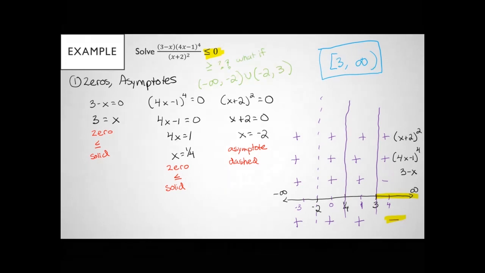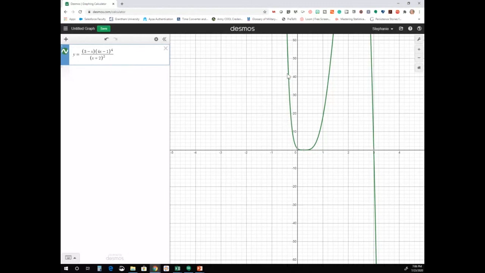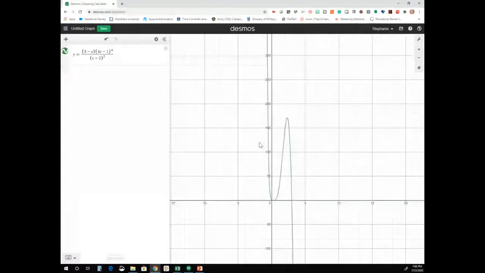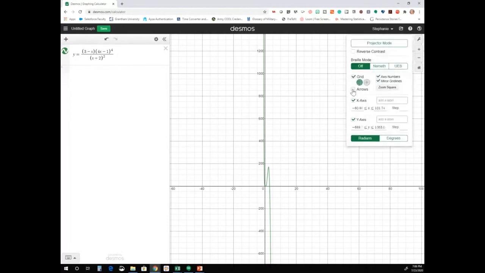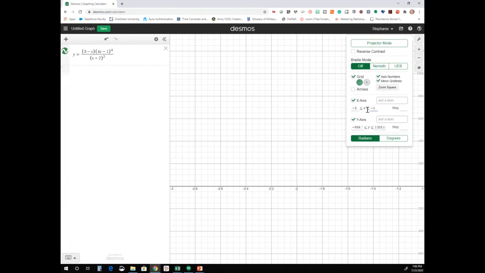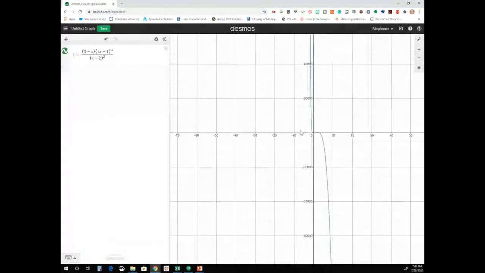So I'm going to look at that graph again. If we were looking for where it's positive, you can see it's positive everywhere here except at -2. Find -2 on the graph, and this is where Desmos is, I'm going to have to zoom out. Okay, let's center -3 to -1, so where is -2?